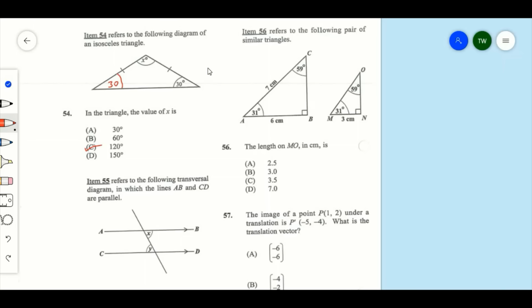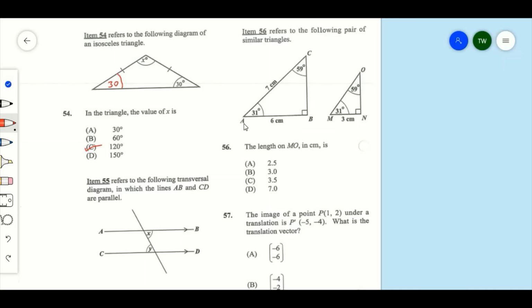Item 56 refers to the following pair of similar triangles. And here we have one triangle which is ABC, and the next one is MON. The length of MO in centimeters is, now one thing about similar triangles, we can use ratio and proportion. So we can ratio the similar sides.